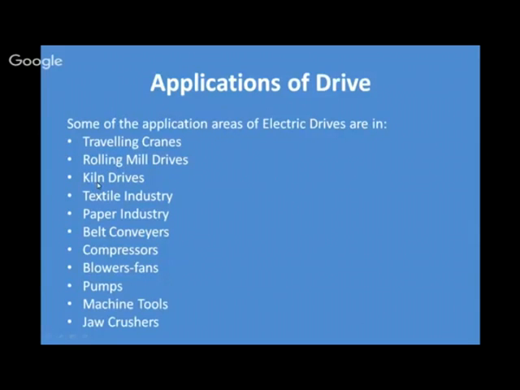Then we have textile industry, paper industries. Here we can produce the different types of motions using the drives. Then we have belt conveyors for transportation of raw material from one place to another in the industrial unit. Then we have compressors, fan blowers, pumps, etc. So these all can be driven by the intelligent drives that we have.